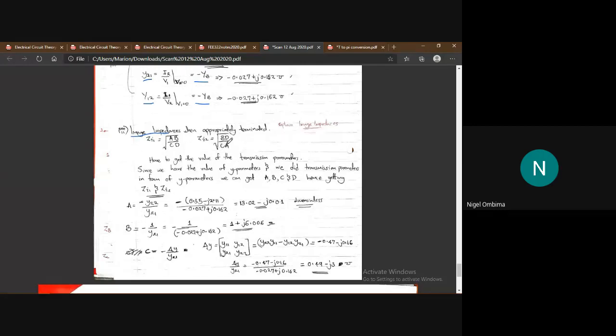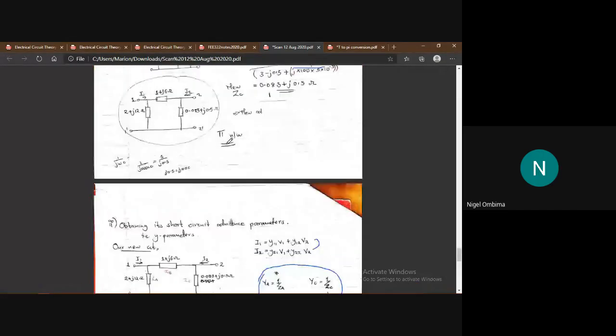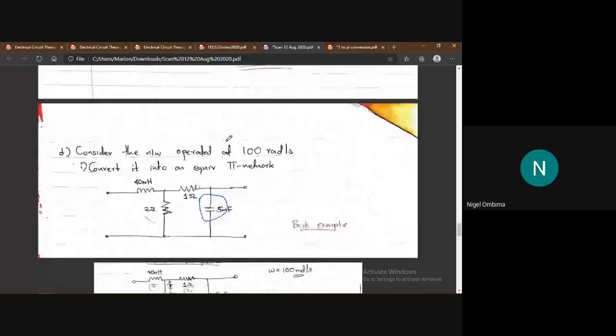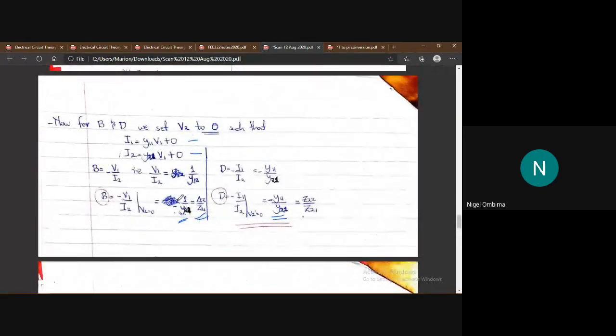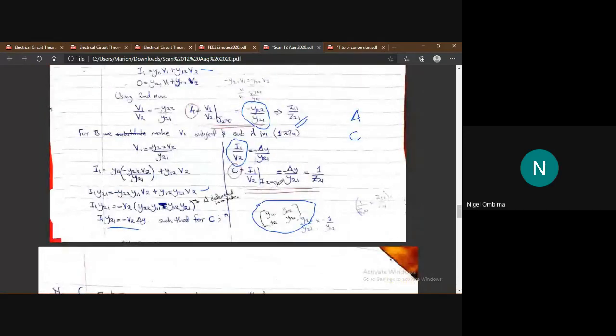So from this, we have our Y parameters, and we're supposed to convert them to transmission parameters. And then from the transmission parameters, we get our image impedances, the Zi1 and the Zi2. So it's simple enough, because before you had done it in terms of admittances. C is this here, A is this here.